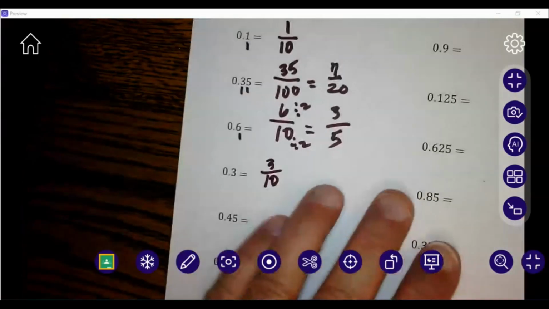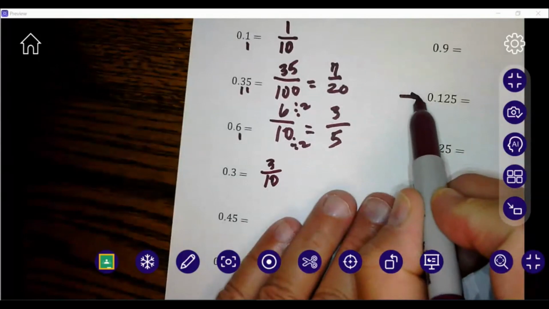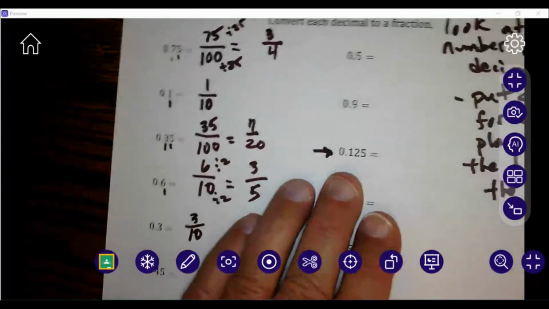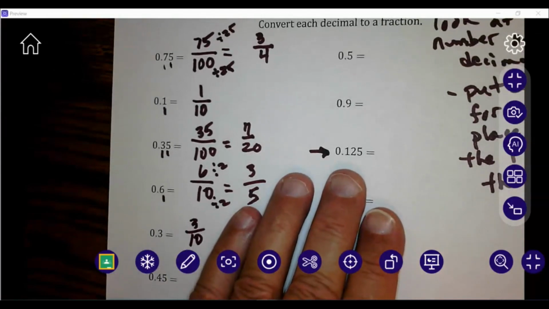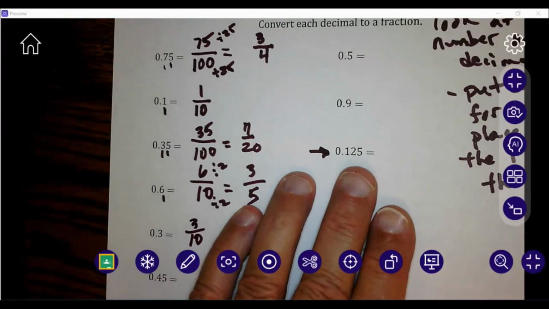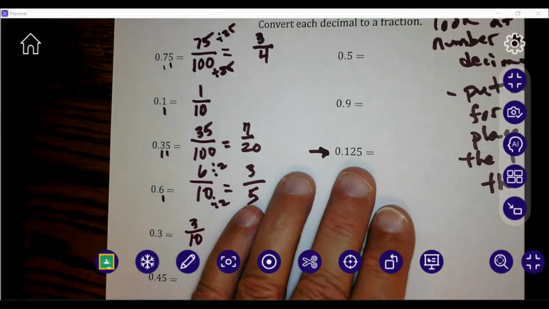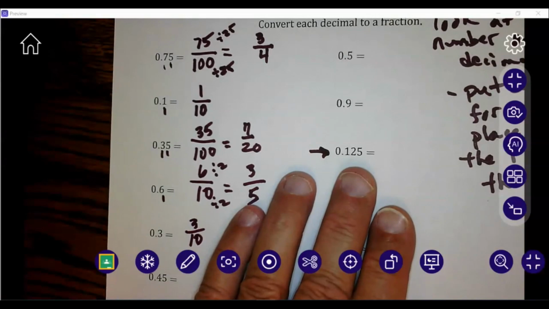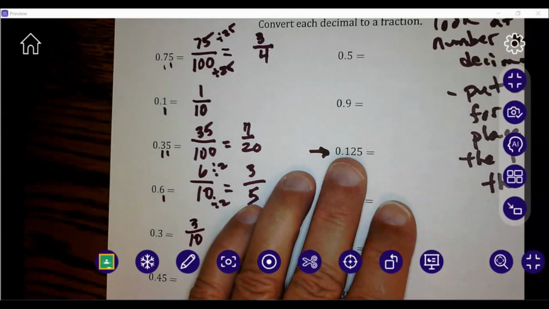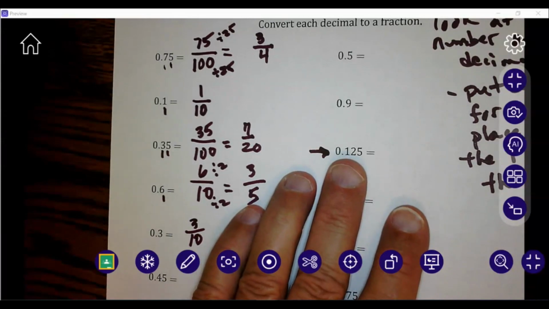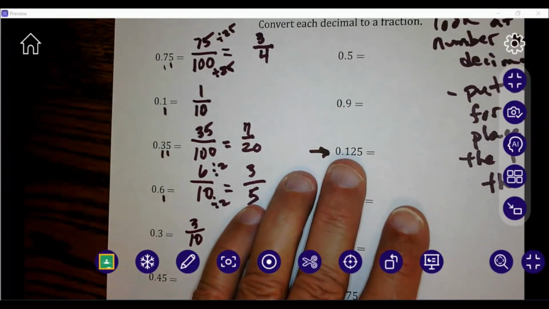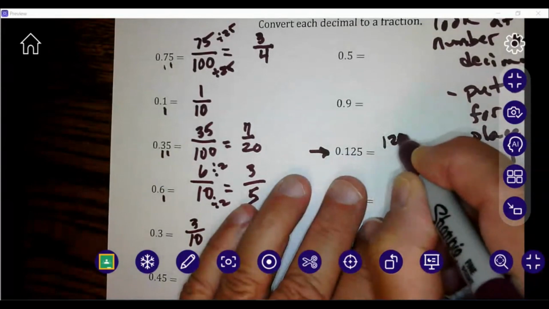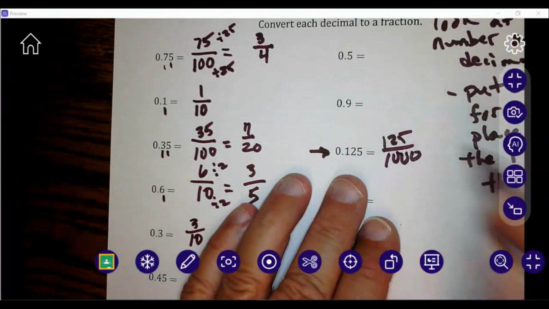Okay, now I want to move over here to this one. 0.125. What is the fraction before we reduce? The fraction before we do any reducing. Okay, correct. 125 over 1,000.